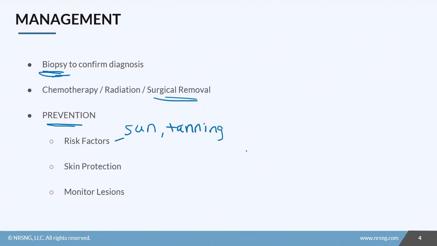So we want them to protect their skin. So we want to use sunscreen with a high SPF. And something that I learned is that even the highest SPF sunscreen has to be reapplied every 2 hours. Even waterproof sunscreen has to be reapplied every 2 hours. So we want to make sure our patients know that. And then obviously avoid the hottest parts of the day, as they call them.